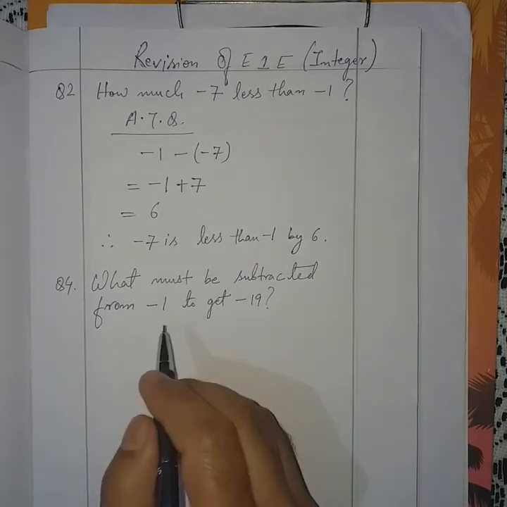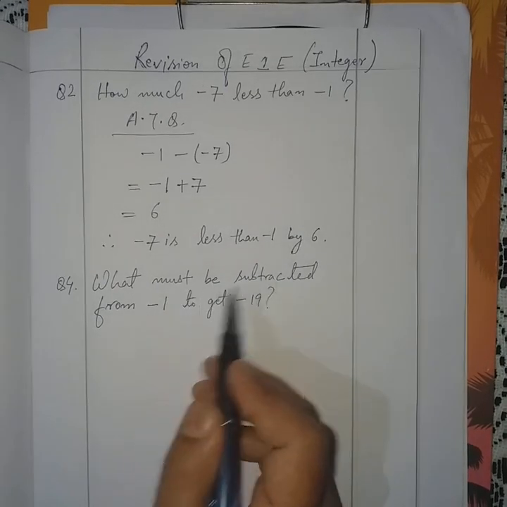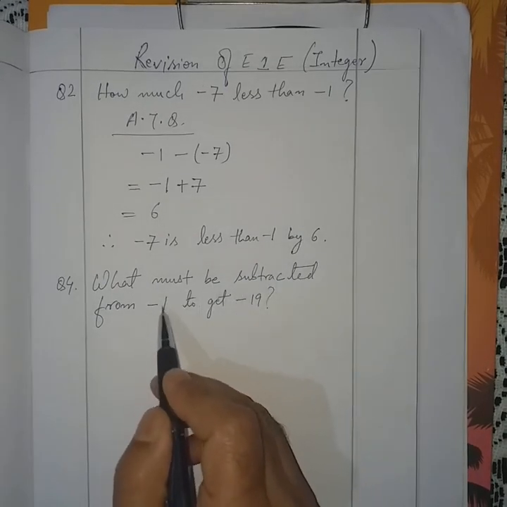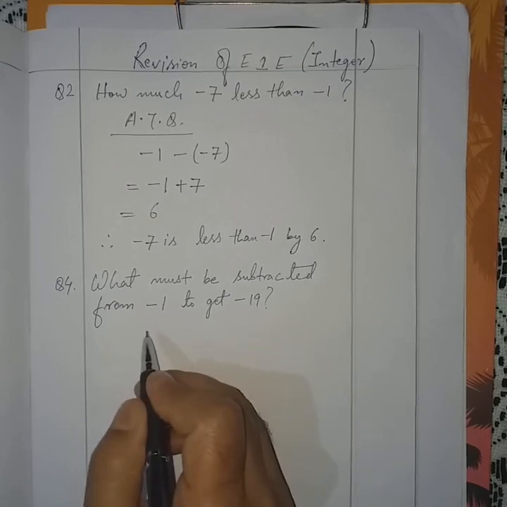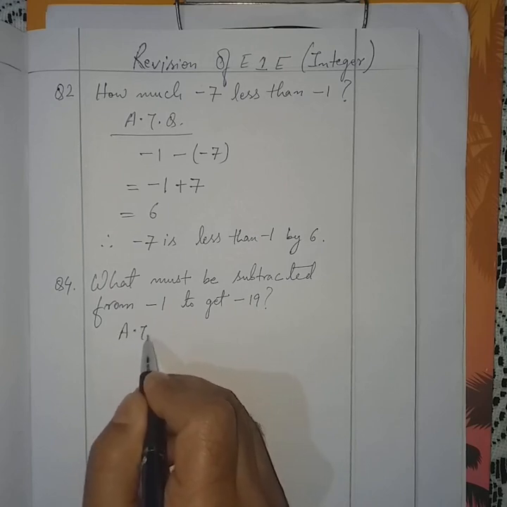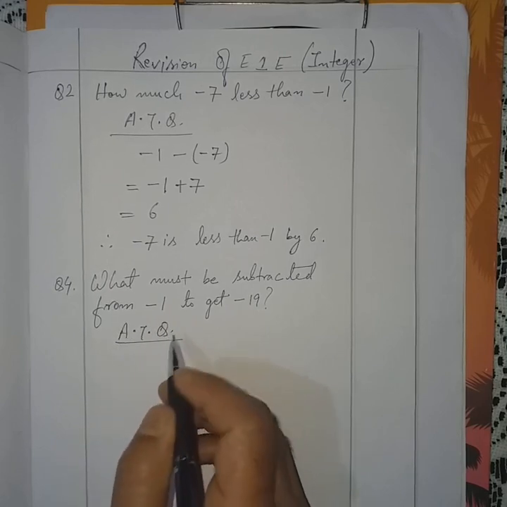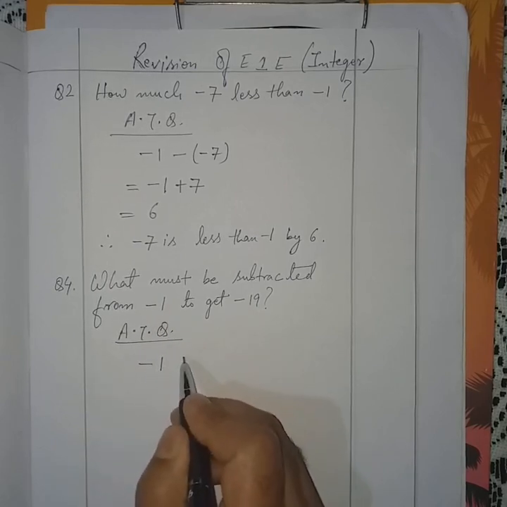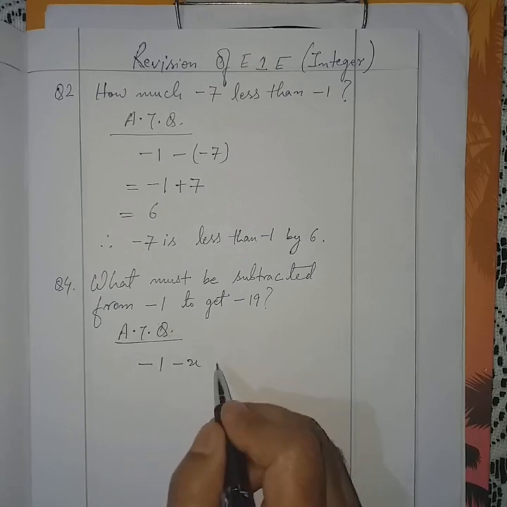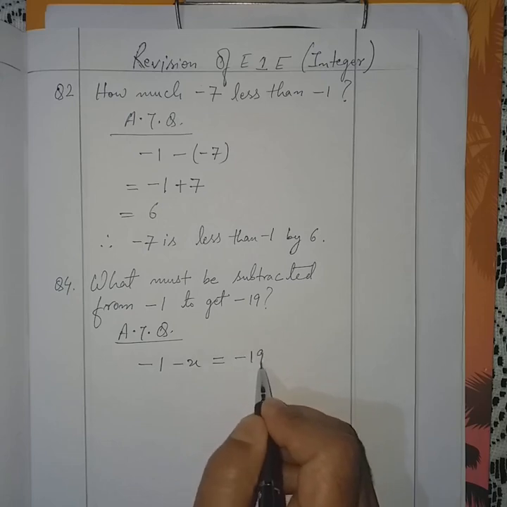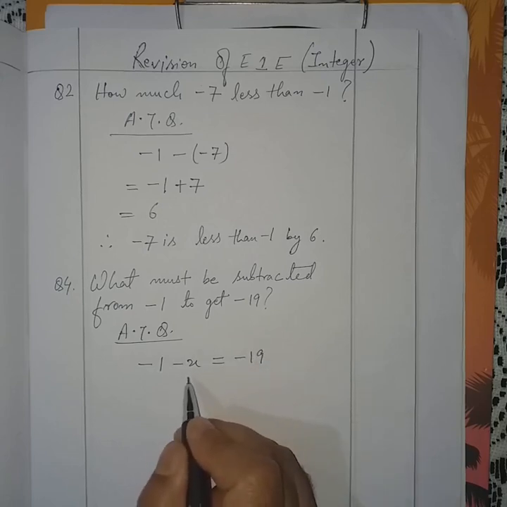Here you can see what must be subtracted from this. Something should be subtracted from this to get this much. So we can apply algebraic method here according to question. Suppose minus x is subtracted from minus 1 to get minus 19. Now we have to find the value of x.